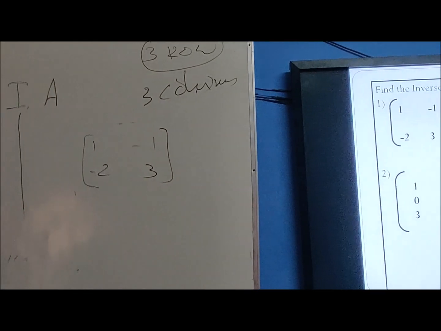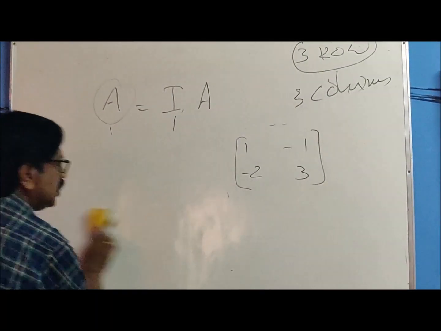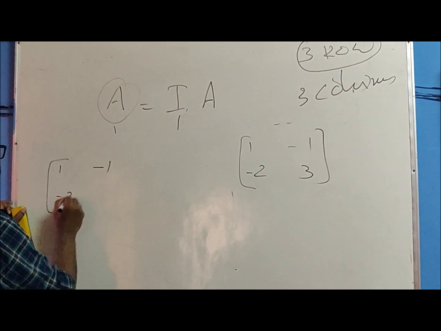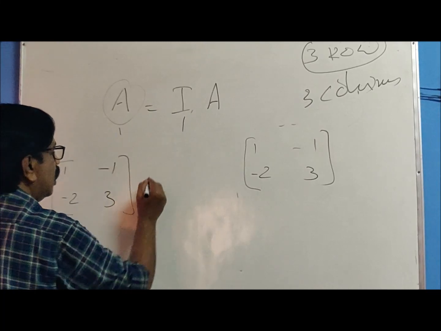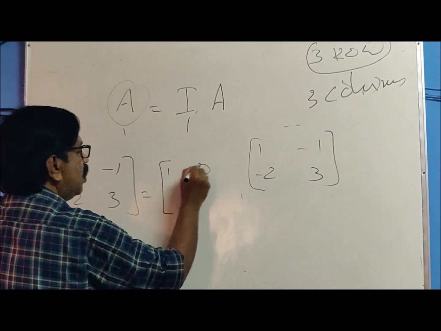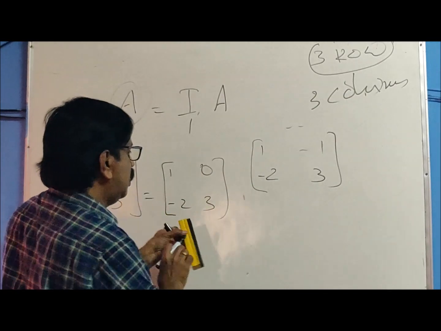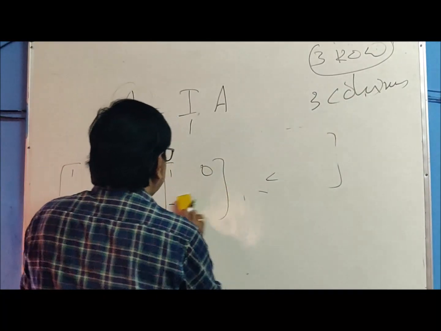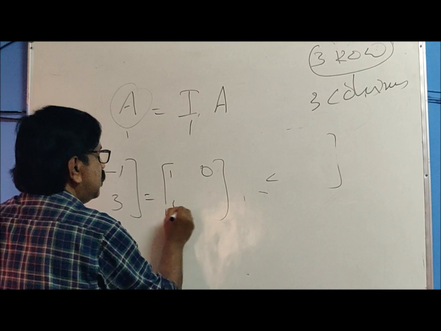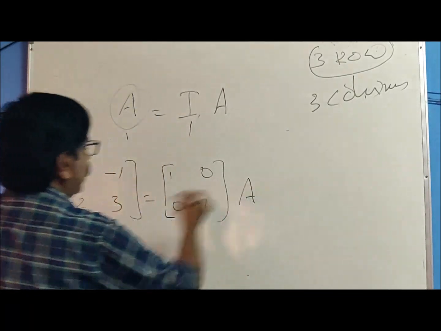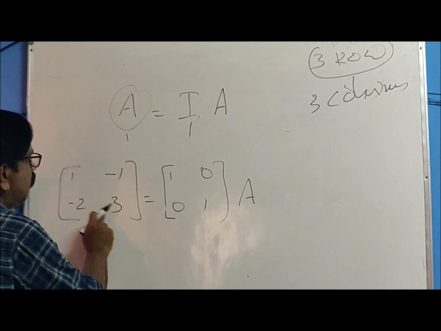Now this is our A. Therefore this matrix 1, minus 1, minus 2, 3 can be written as the identity matrix 1, 0, 0, 1 into that matrix A. This is our A matrix.